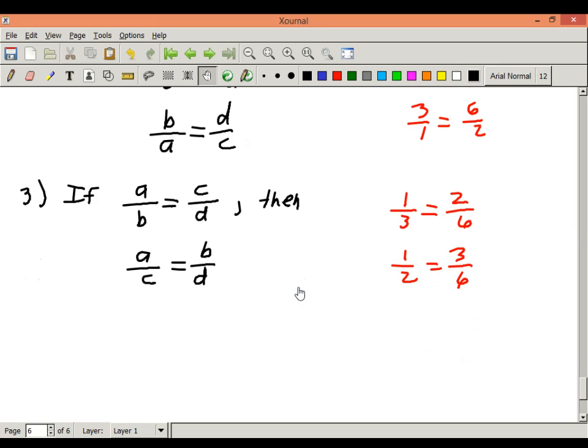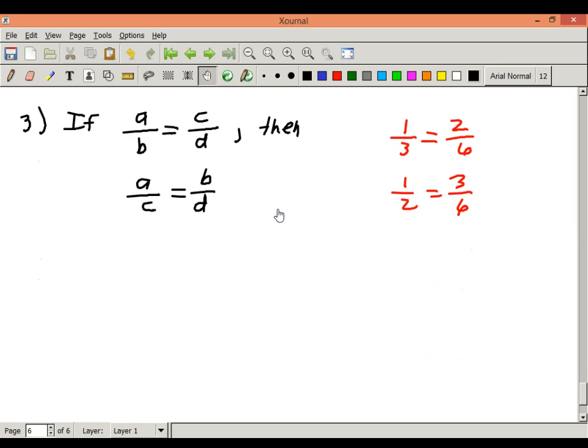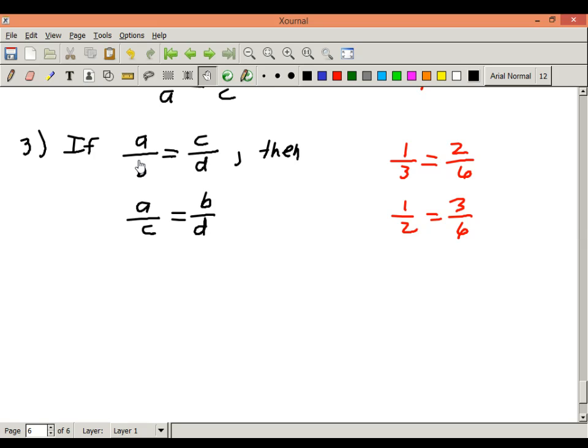So there's a property of proportions that you might want to use sometime. And then another property of proportions that might be surprising a little bit. We'll start with that same proportion. So if a divided by b is equal to c divided by d, then what you can do is switch these two spots right here. And actually, you can switch the other two spots as well. It would work the other way as well. But I just have one example for switching these two spots. So then if that original proportion is true, then we have a divided by c is equal to b divided by d.